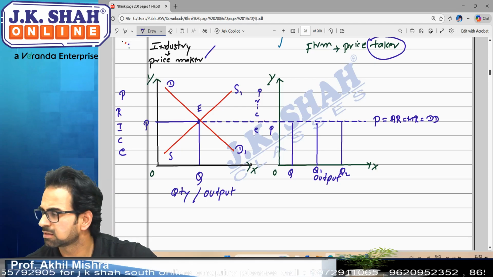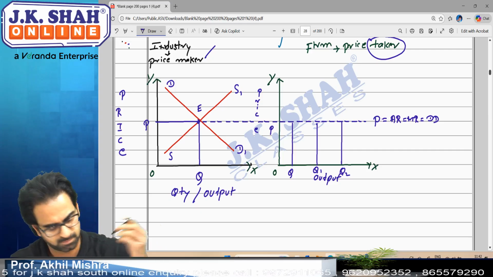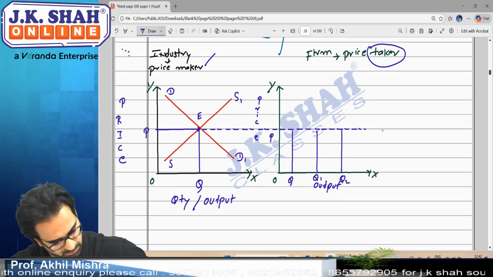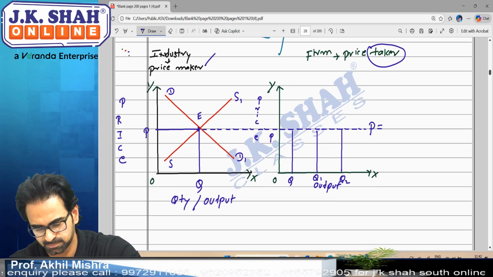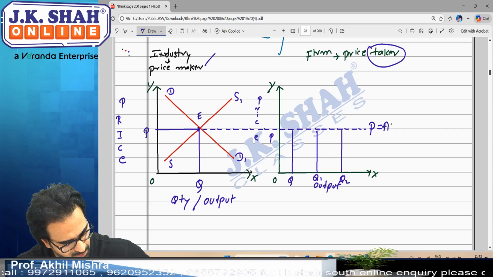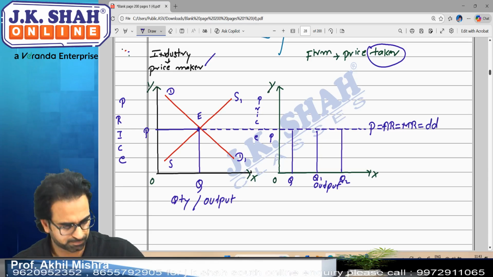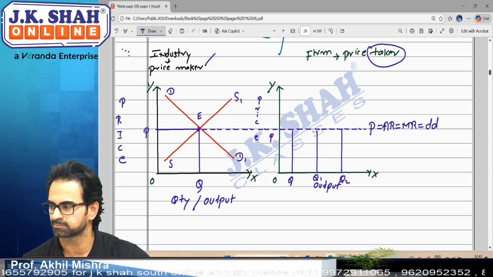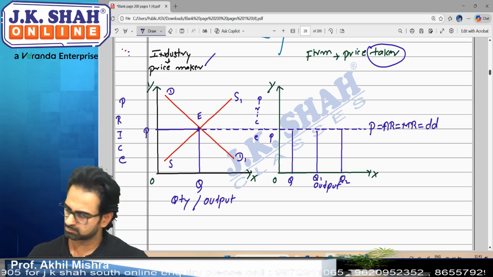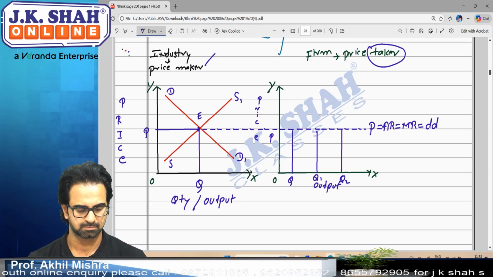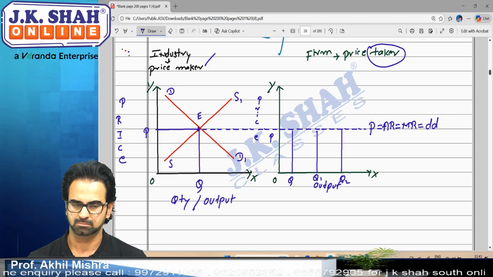P is equal to AR is equal to MR is equal to demand.